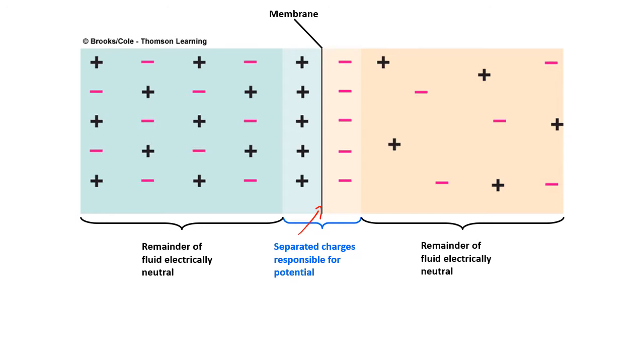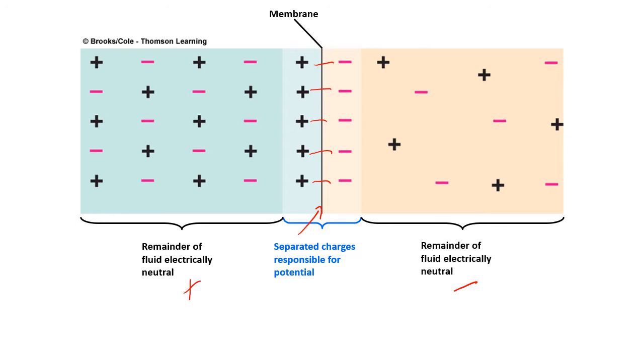Once again, over here we have the excess amounts of positives. Over here we have more negatives than we have positives. And so we have a situation where on either side of that membrane, the opposites are going to become attracted to one another. And so we're going to have positives and negatives on either side, and we're going to have this relative charge that we can even measure between the two sides as well.